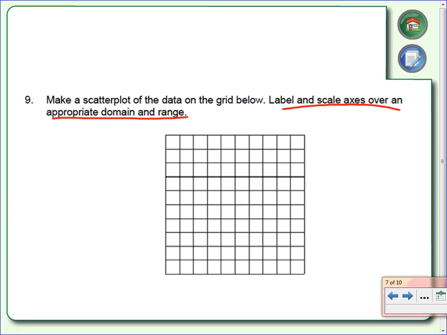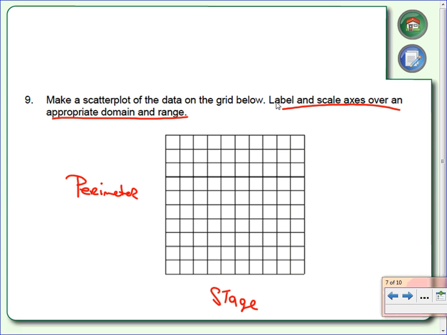The stage. The stage is our x-axis. The y value, on the other hand, is going to be the perimeter. That's what we're going to put right here. Stage are the x's. Perimeter, those are the y's.